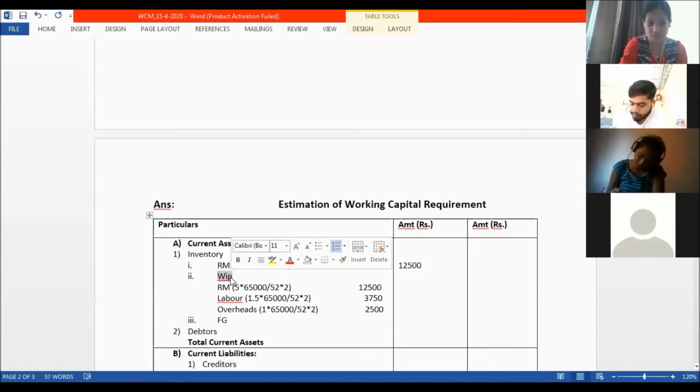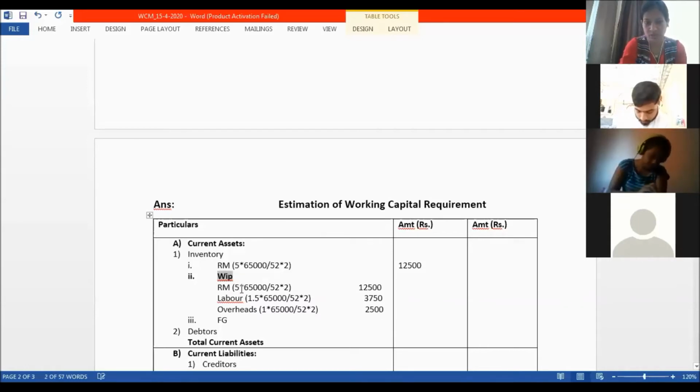Okay, so we have just shown the details of WIP separately with respect to how much is raw material, labor and overheads, which is in progress. Okay, so together these 1, 2, 3 total you can take in the outer column. 2,500 plus 3,750 plus 12,500. So it will come 18,750. Okay. So this is how WIP cost you can calculate.